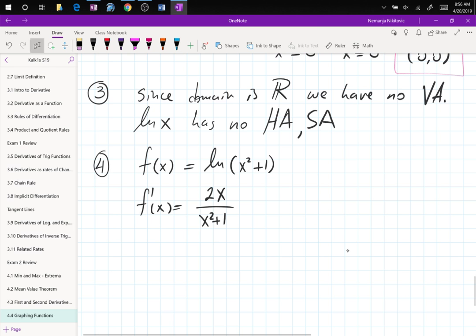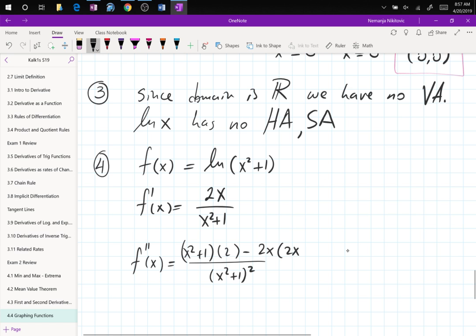And now for the second derivative, we can use the quotient rule, or you can use logarithmic differentiation, whatever makes you smile. Let's do the quotient. So copy the denominator, take the derivative of the numerator, so that's 2, and then minus, copy the numerator, 2x, times the derivative of the denominator. There we go.